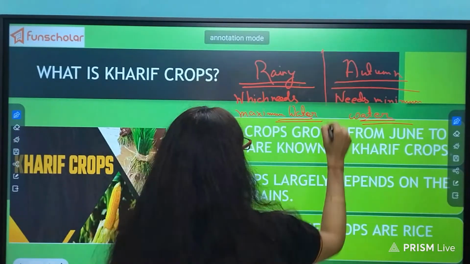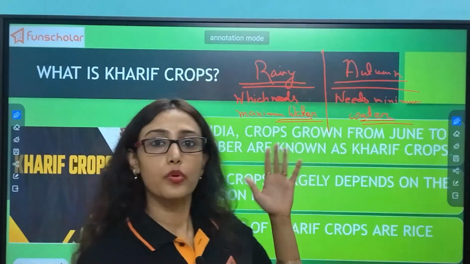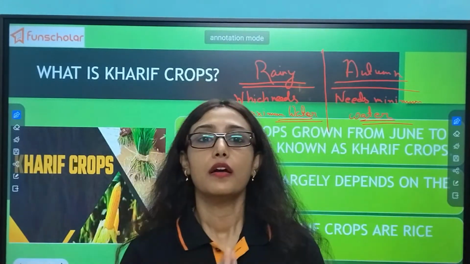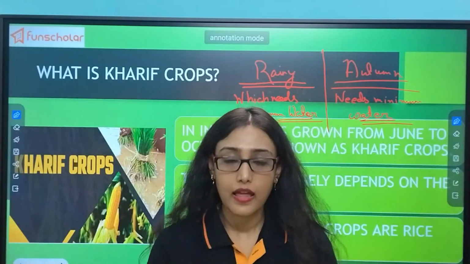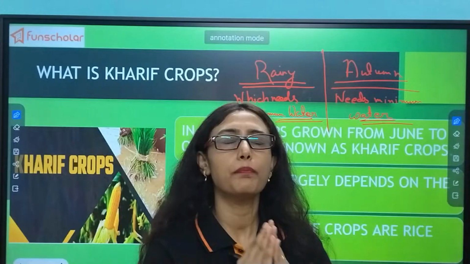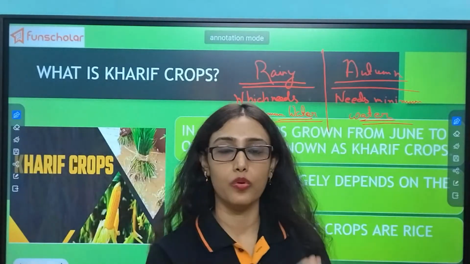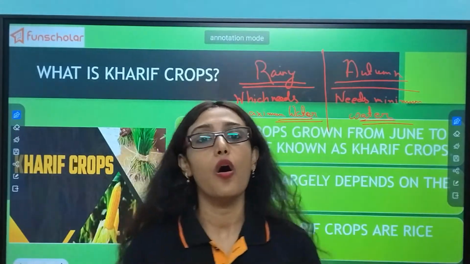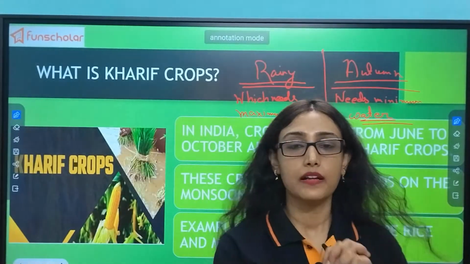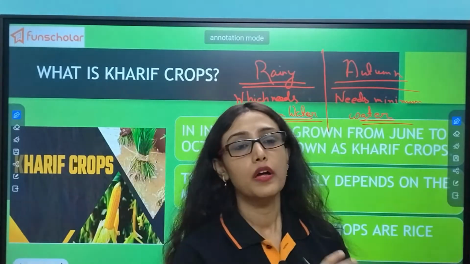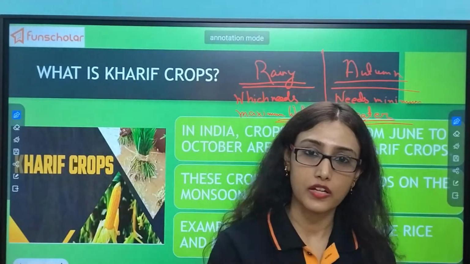Okay, so there are some crops which are grown in the rainy season. Why? Because during the rainy season there is maximum rain and there are specific crops which need plenty of water to grow. And the second one is during the autumn season. The crops are planted at that time because those crops do not need much water.